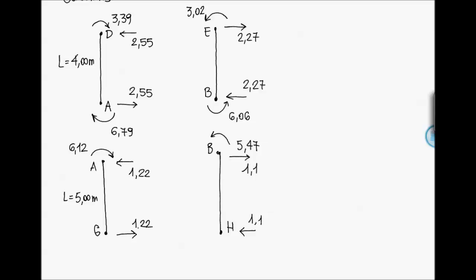And finally, for column FC, we have 4.51 at the top and 9.01 on C, which give shear forces equal to 3.4.